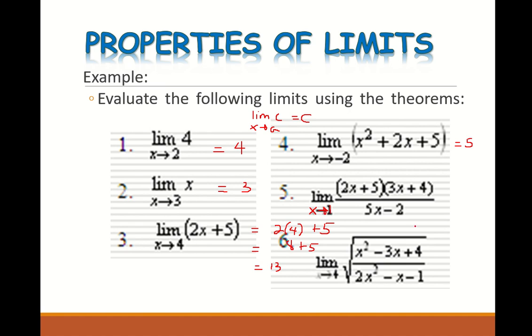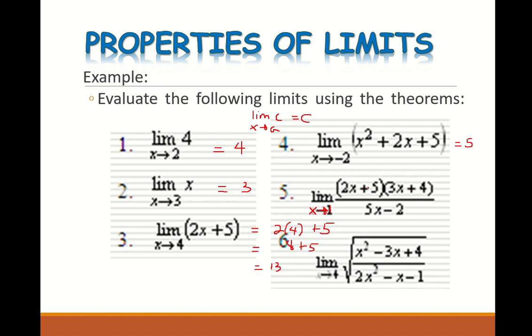Okay, so what's the answer? If x is equal to 1, 2 times 1 is 2 plus 5 is 7, right? So 7 is the quantity. Then 3x plus 4. So 3 times 1, 3 plus 4, 7 also.